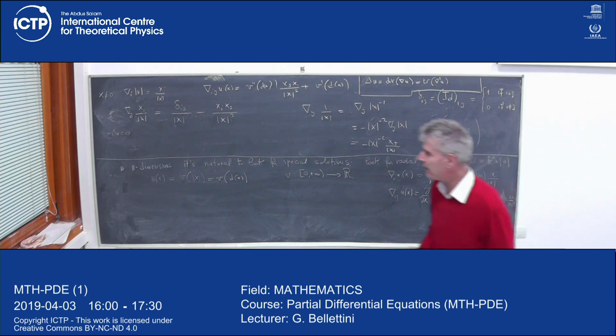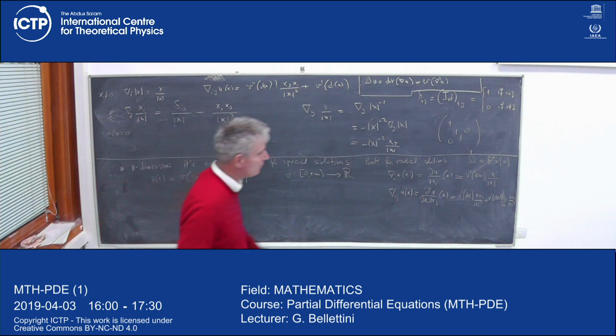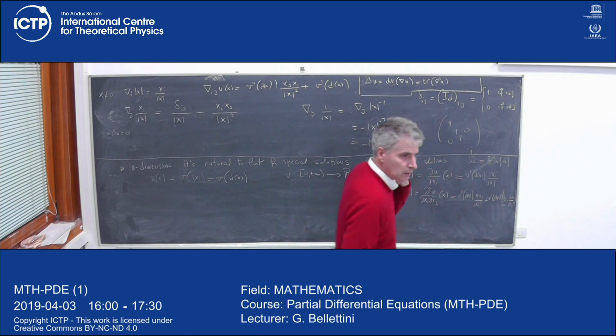This is the generic ij element, and we have to take the trace, which means that we have to sum over the repeated indices, i equal to j.